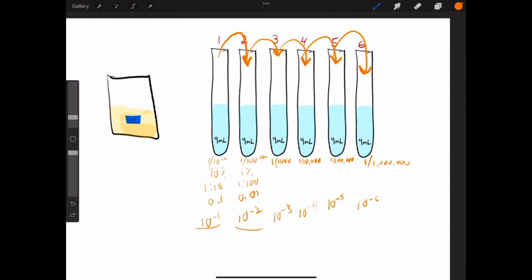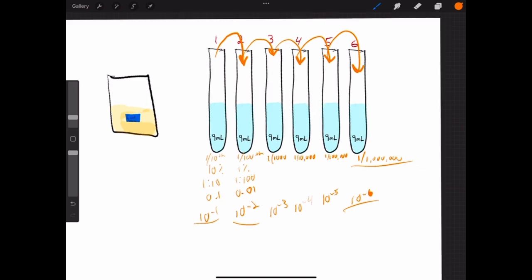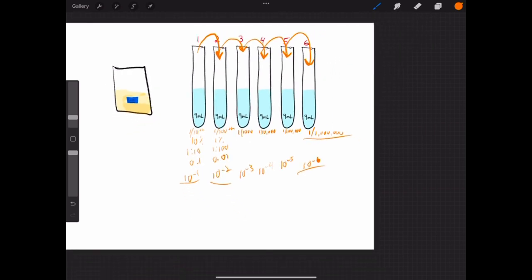So what we're going to do, we have 1/1,000,000th, or 10 to the negative 6. We're going to put 1 milliliter of that, because we're calculating CFU per 1 milliliter. We're going to take 1 milliliter of this, and we're going to put that on a TSA plate, and then we're going to let it grow. And then we're going to count the amount of colonies that are on that plate.